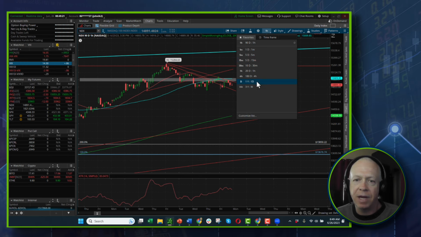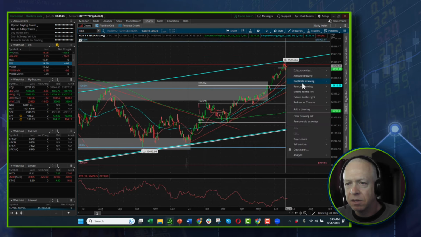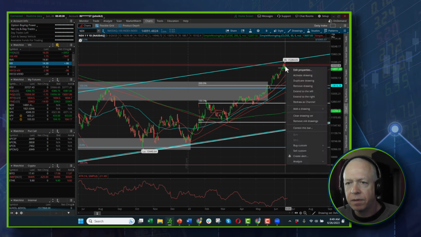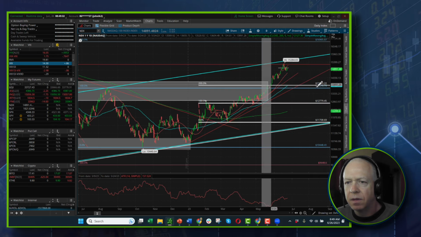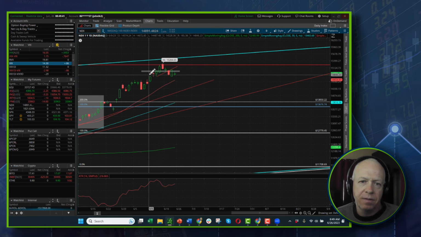And again, if I was back here, let me just remove some of the short-term stuff. I was looking at this as a cup pattern, which I'm not, but if I was looking at this, again, I would take from here, probably here, 14,790 to 15,290.